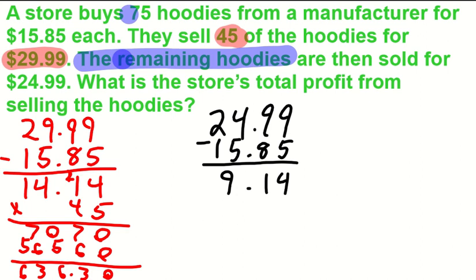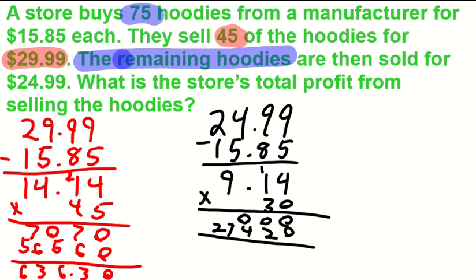So if they bought 75 and sold 45 there, the remaining hoodies is going to be 30 more hoodies. So for those remaining hoodies, that'd be $274.20.